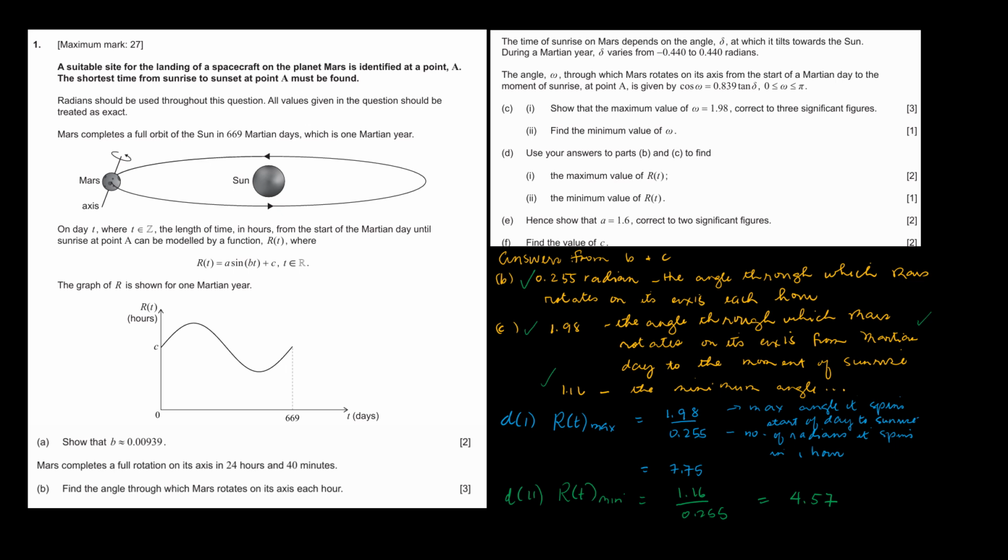So if you divide the two, our maximum value for R of t is 7.75. Okay, for the minimum, the minimum value is 1.16 and it spins 0.255 radians in 1 hour. So that gives us the minimum value of R(t) is 4.57.